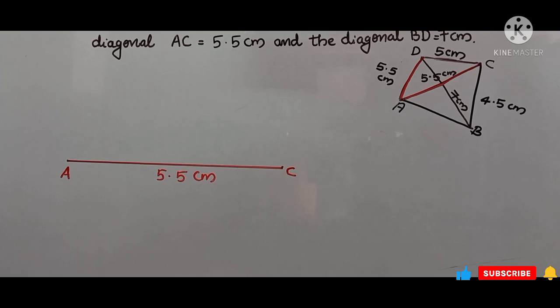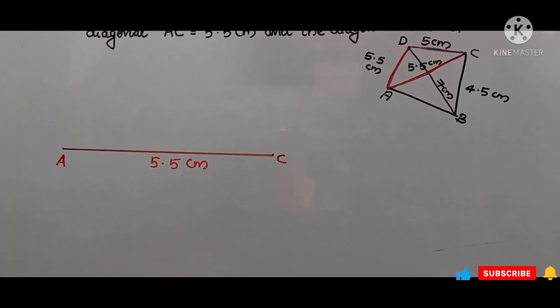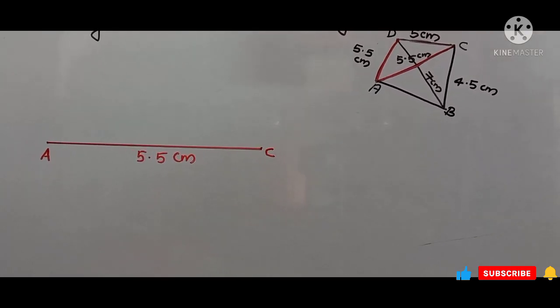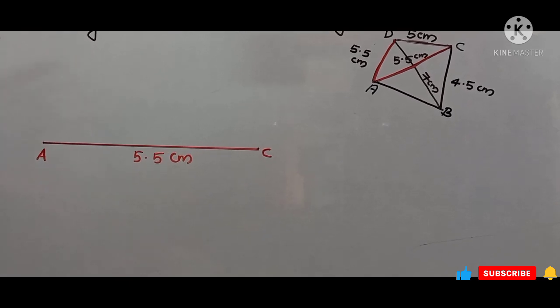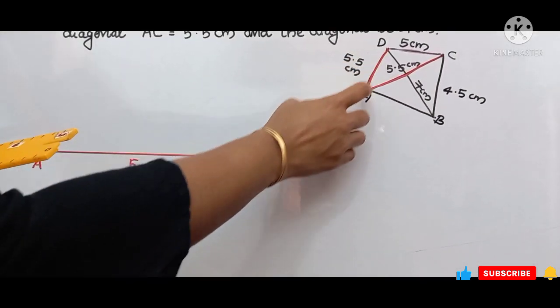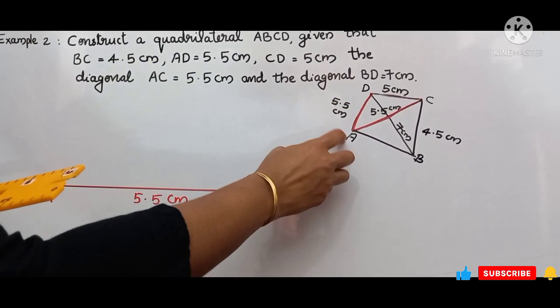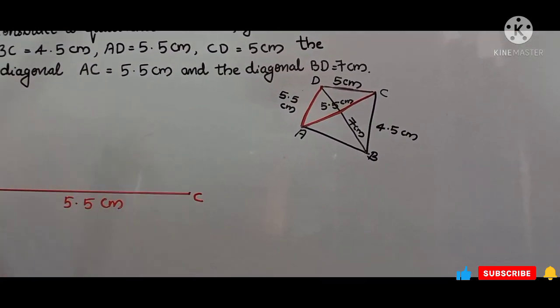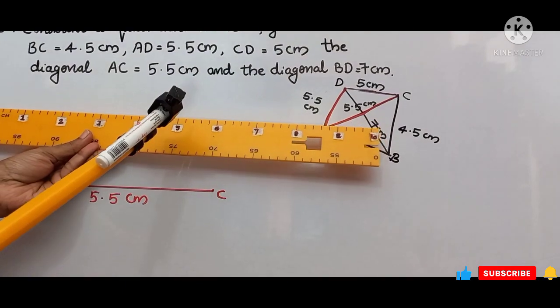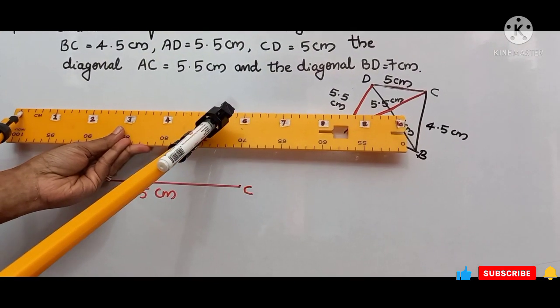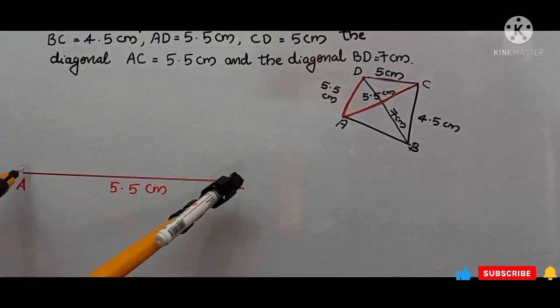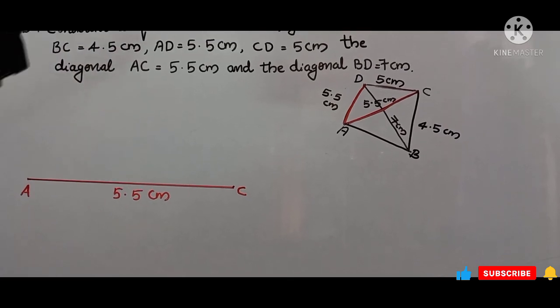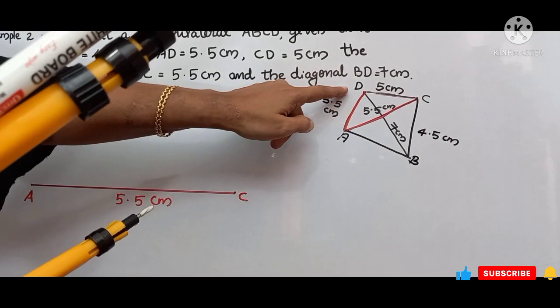Then next we have to take our compass and adjust our compass width. From A, the point D we have to find out first. So from A it is 5.5 centimeter away. So adjust our compass width 5.5 centimeter, that is same as this AC. Then from A 5.5 centimeter.